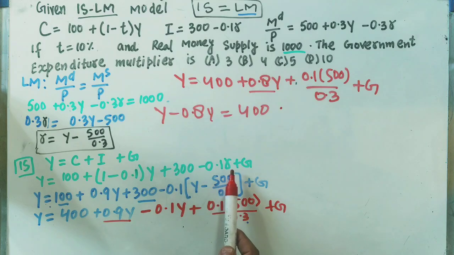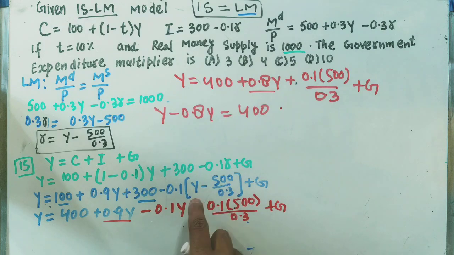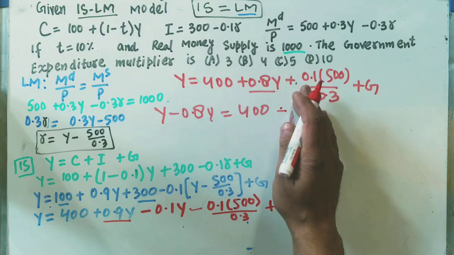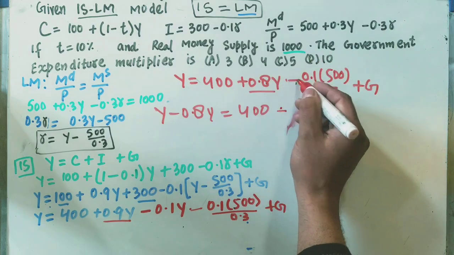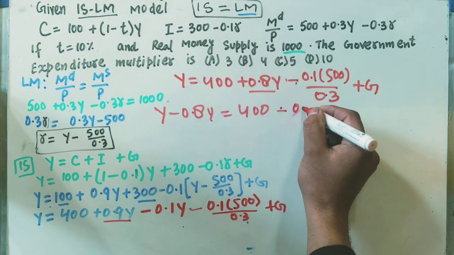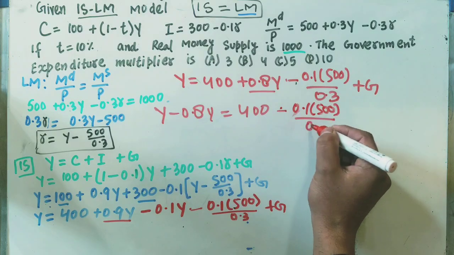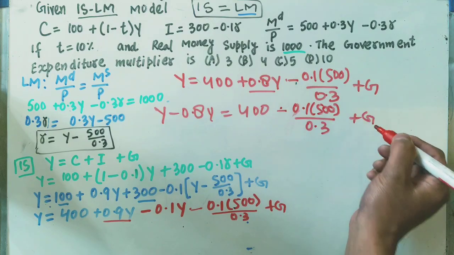We have minus R here. Okay, so minus 0.1, so here it is minus, sorry. So here we have minus 0.1 times 500. You can solve it, but I don't have the calculator here, that's why I am taking it as it is.